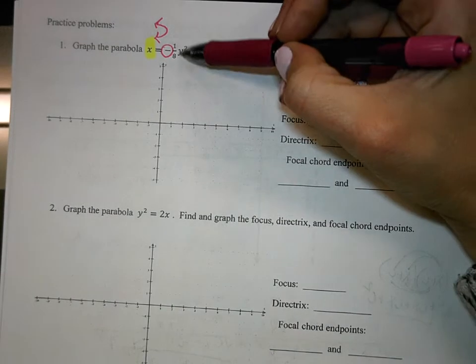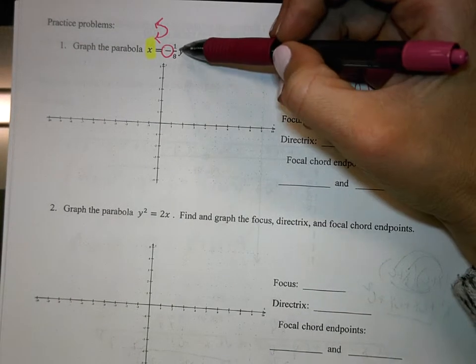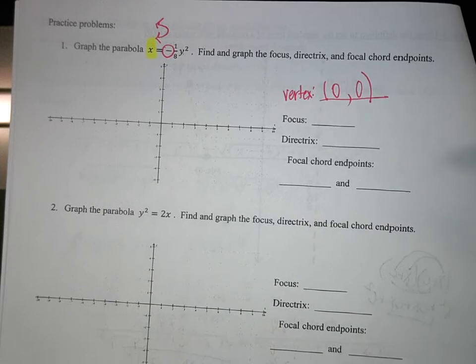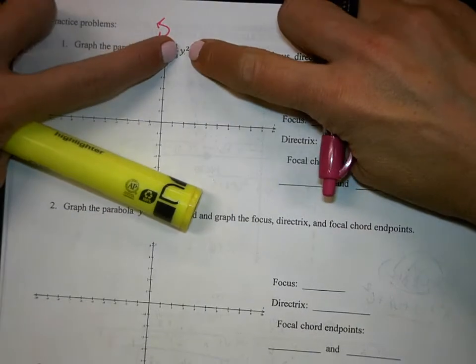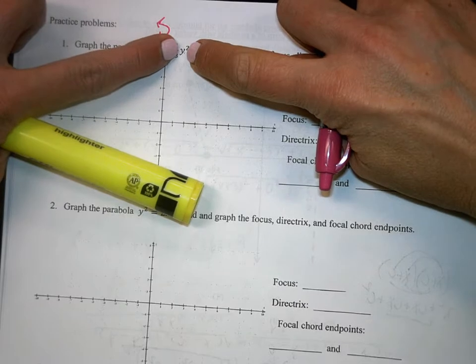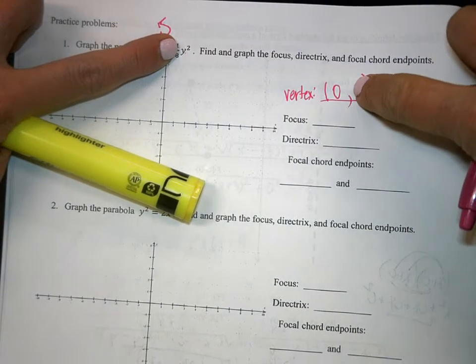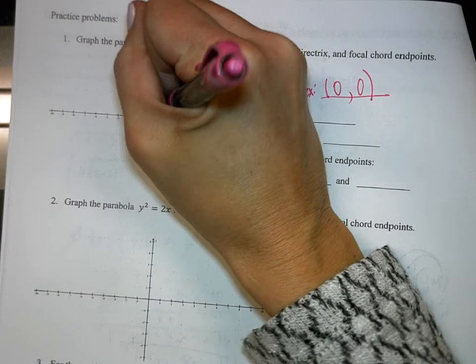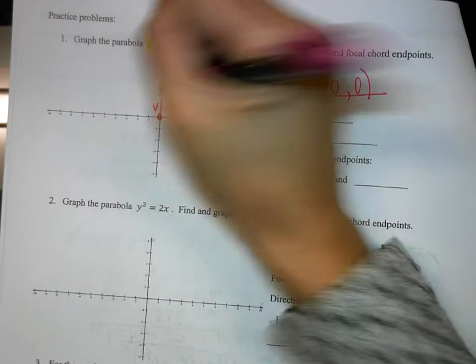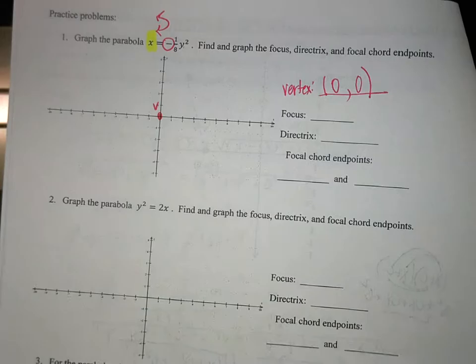So just remember that wherever parentheses and stuff are, whatever's with it, that's where that value goes in the vertex spot. Am I making sense? So had this been in parentheses and had a value with the y, that value would go in the y spot. Okay? So let's go ahead and put our point at 0, 0 for our vertex, and I might go ahead and label that with a V to remind myself.